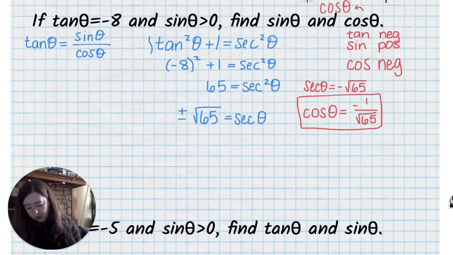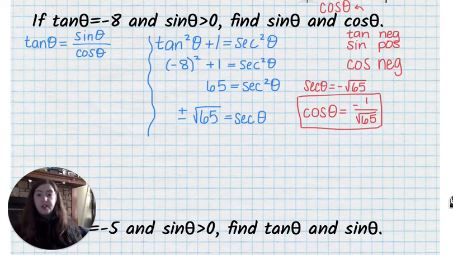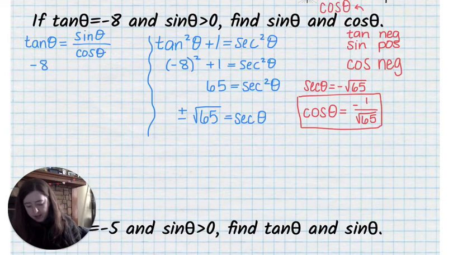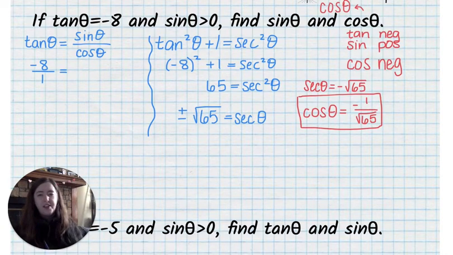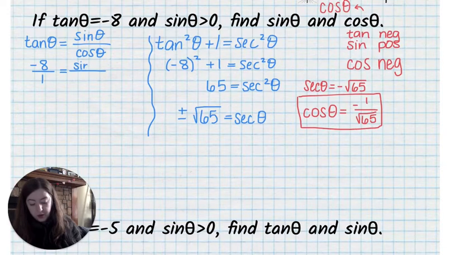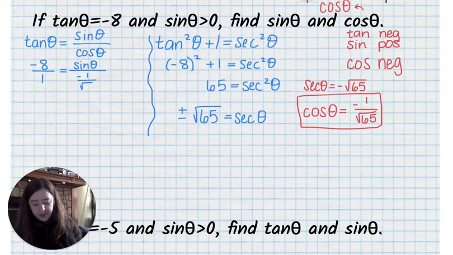I'm going to put a little line here to make sure that I'm staying separate. All right, so we know tangent is equal to negative 8. I'm actually going to put that over 1 just because if I have fractions, I like everything to be in a fraction. Sine is what we're solving for right now, so we're going to leave that alone. And we just figured out that cosine was negative 1 over the square root of 65.